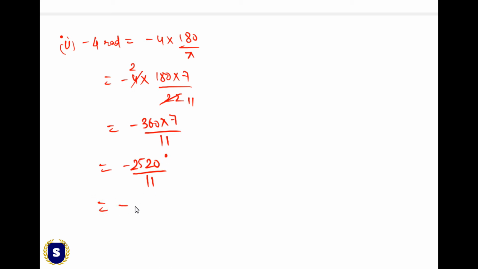So in mixed fraction it will become -2, then again 2, then 9 degree and 10 by 11 minutes.